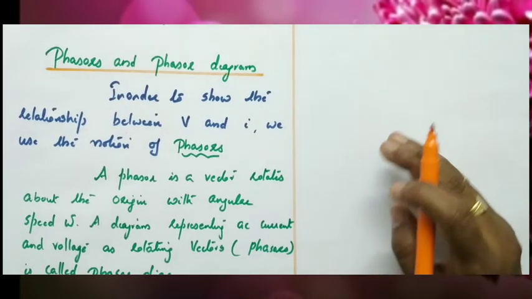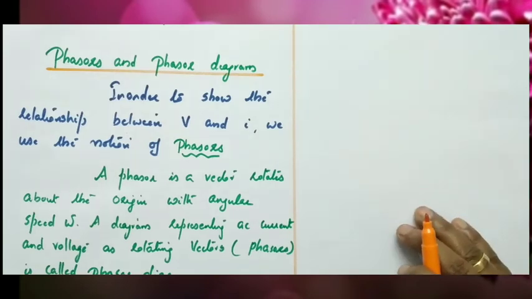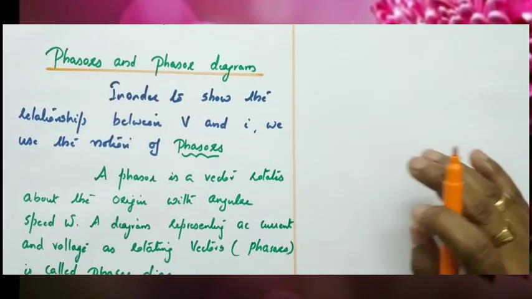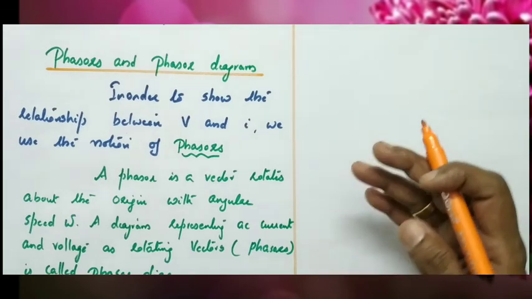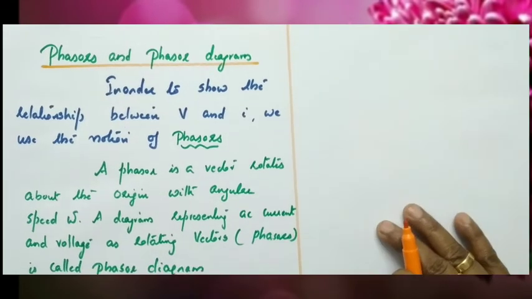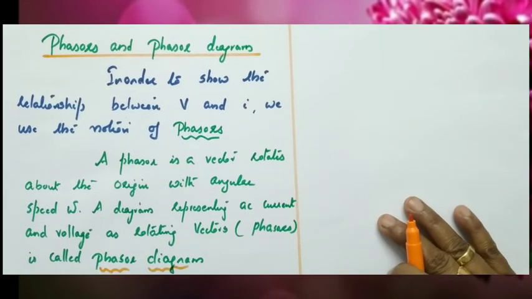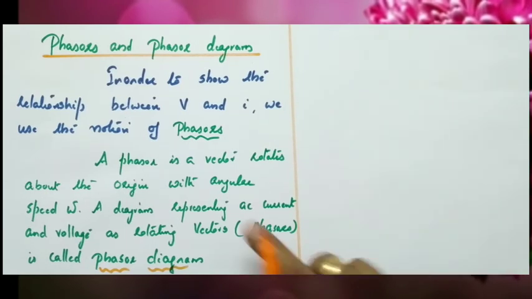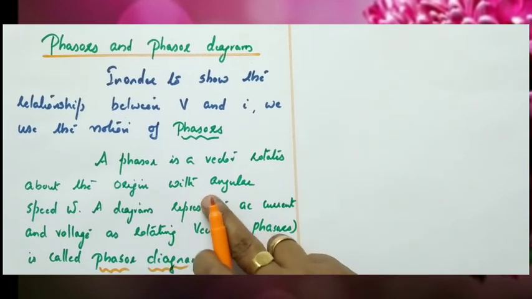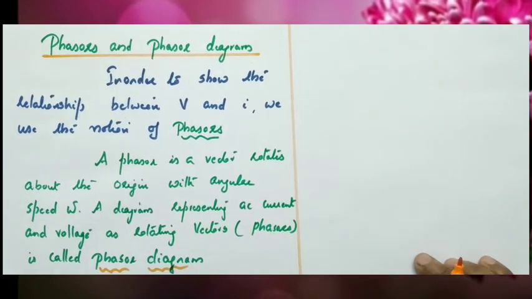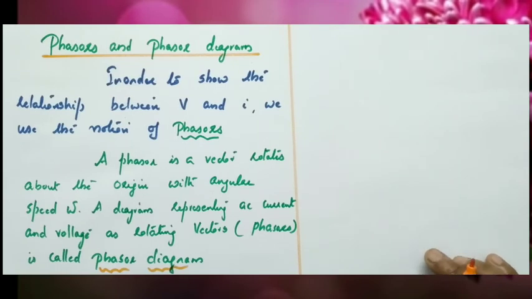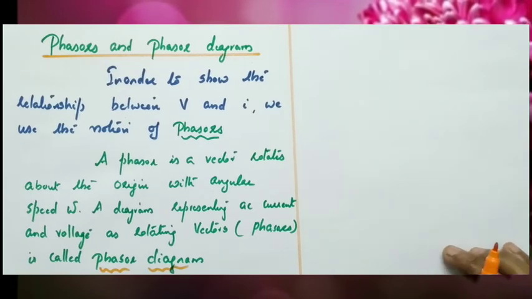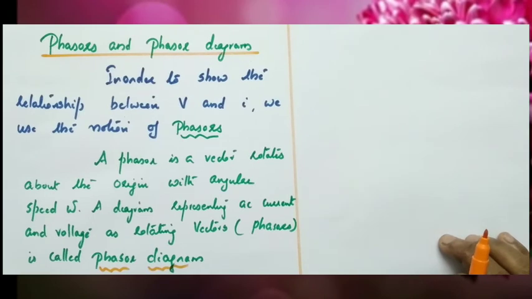In one case it becomes positive and in another case negative. So in AC, voltage changes periodically with time and reverses its direction also. Hence AC voltage and AC current can be considered as vectors. A phasor is a vector which rotates about the origin with angular speed omega, and the diagram which represents AC voltage and current as rotating vectors is called a phasor diagram.